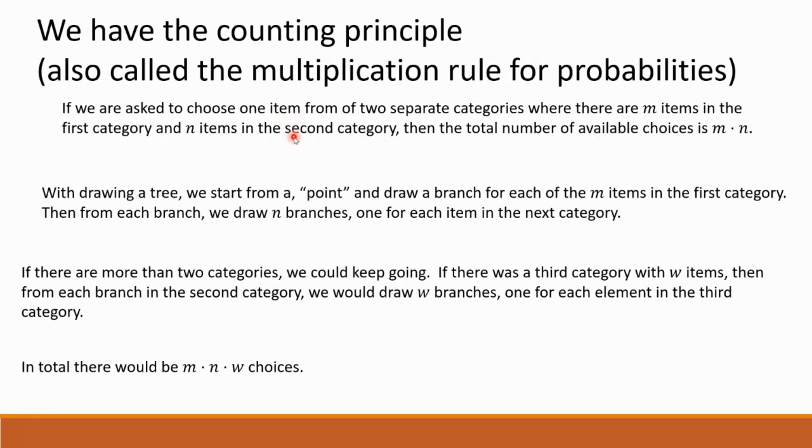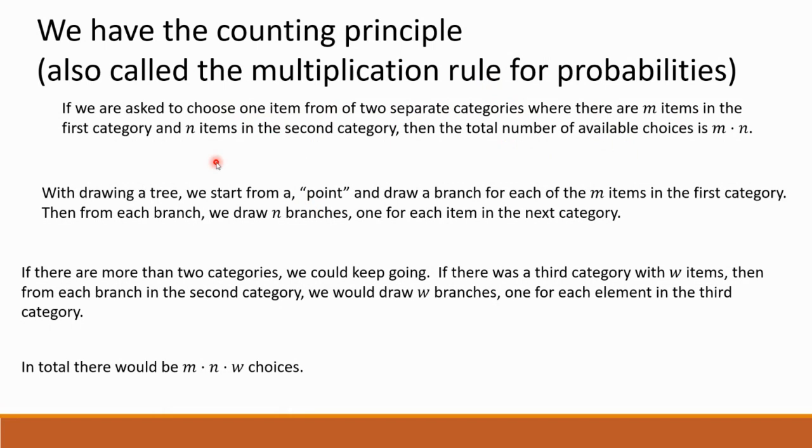Now, here's the counting principle. Some books call it the multiplication rule. They're saying it's also called the multiplication rule for probabilities. So you'll see why it's called the multiplication rule. Basically, if you're asked to choose one item from 2 separate categories, and from the first category there are m possible items, okay?